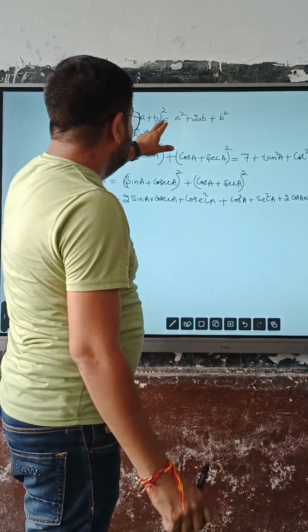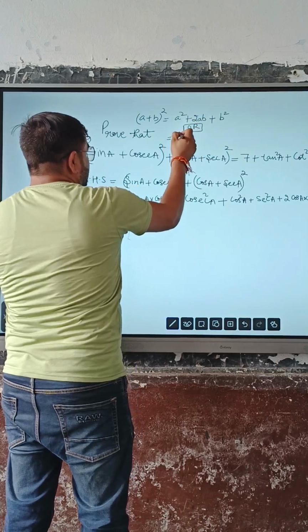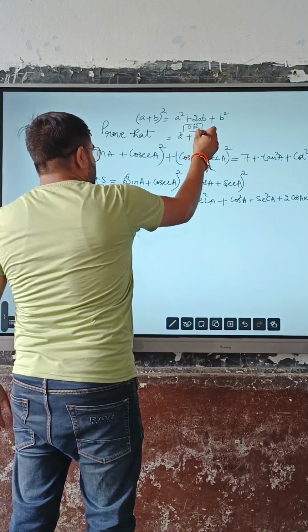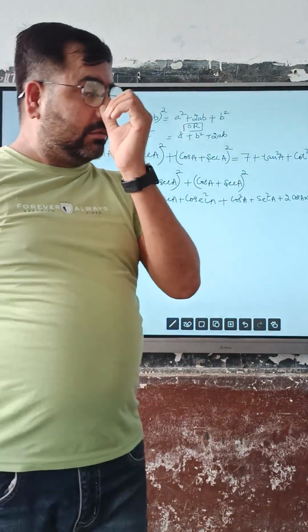We can also write here a square plus b square plus 2ab. So both have the same things.